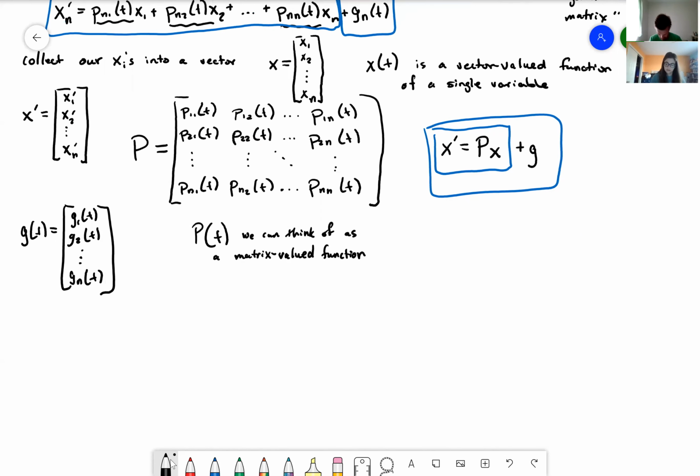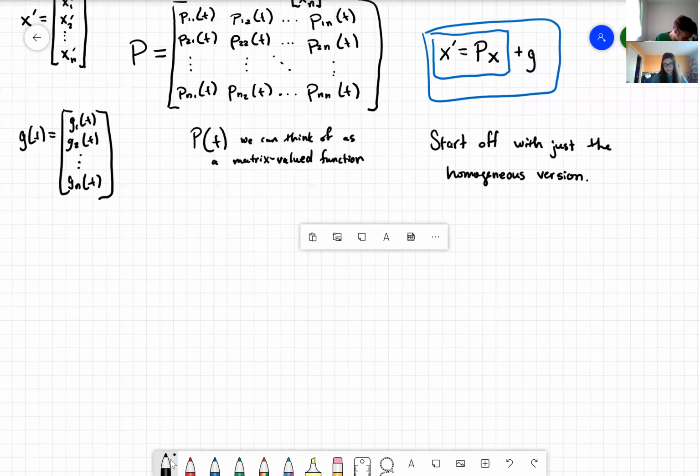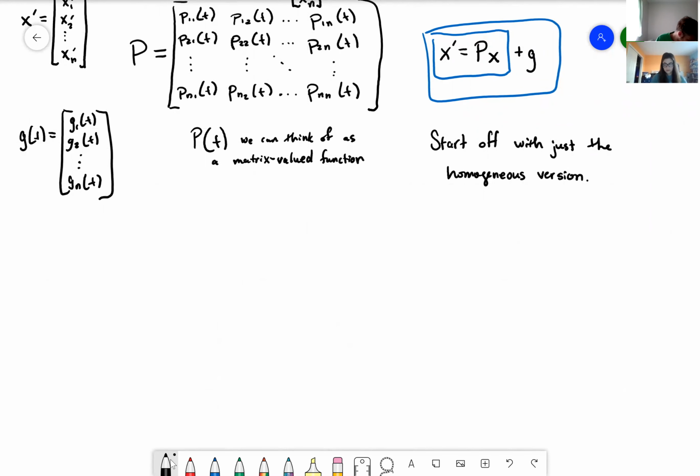And what we're going to start off with is just what we had started off with in previous versions of this problem, and that is to start off with just the homogeneous version. Okay.